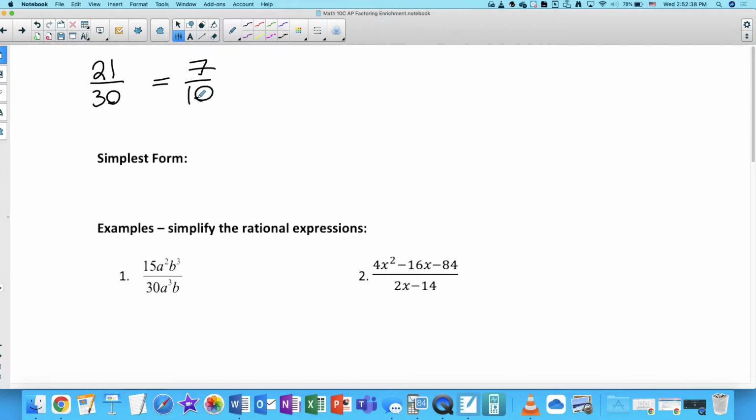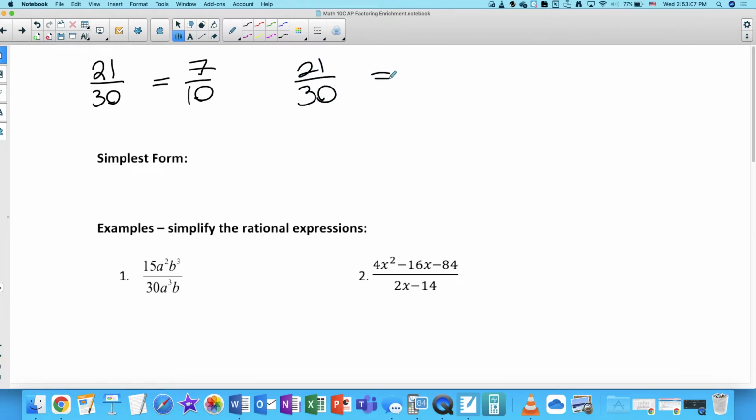OK. Now, many of you can do that in your head. But what's actually happening that you don't even think about anymore is you're considering factors of the numerator and factors of the denominator. And are there equal factors that can cancel? It's almost like prime factorization. 21 over 30.